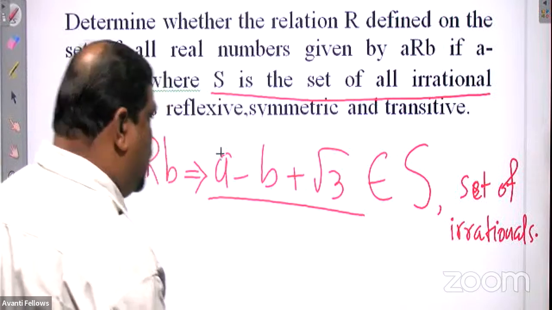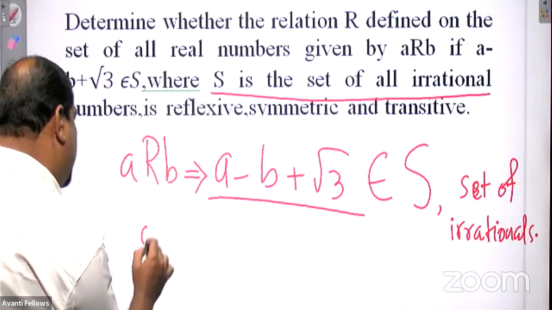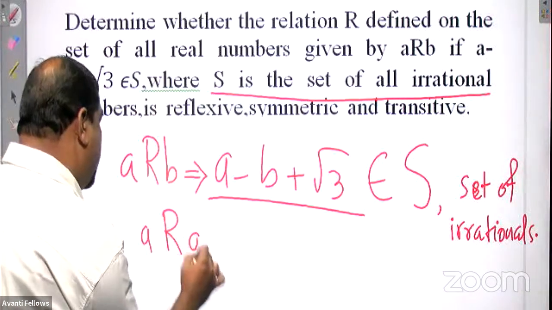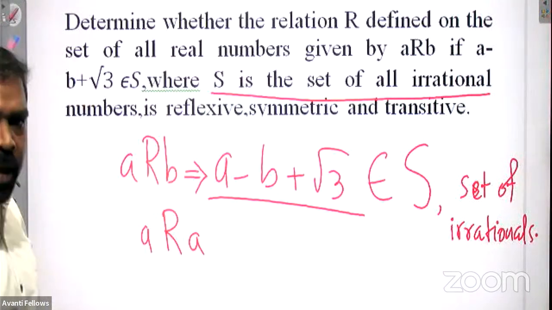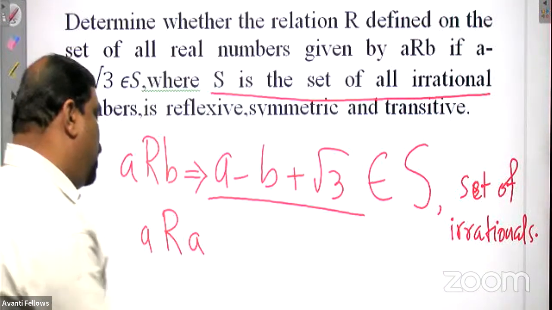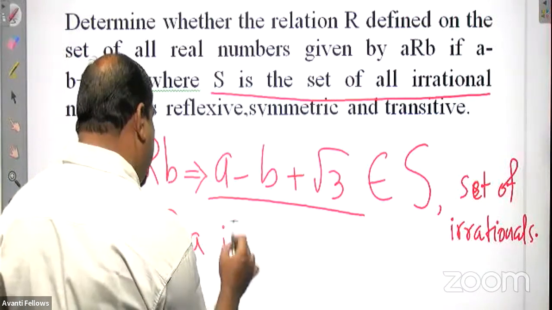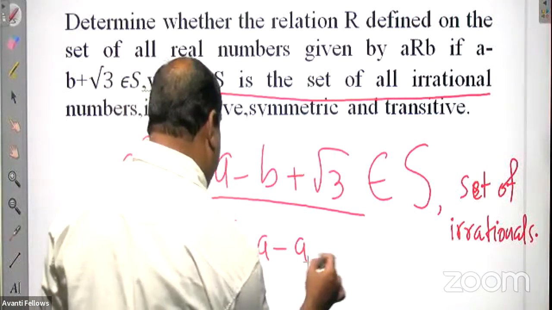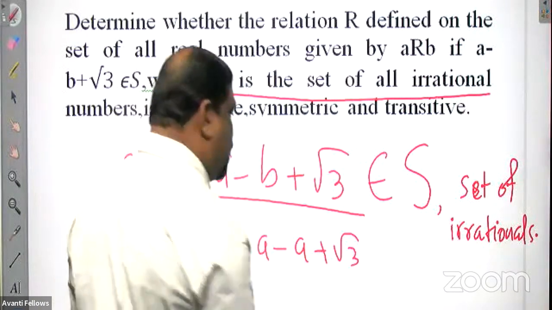So what is meant by reflexive? Reflexive means we have to prove that A must be related to A. A must be related to A if A minus A plus root 3 is an irrational number.